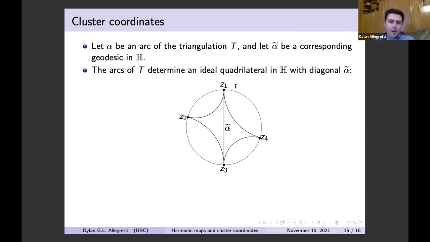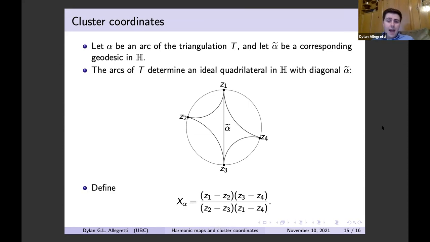And here you see that I've labeled the vertices of this ideal quadrilateral as Z1, Z2, Z3, Z4. And the thing that you always want to do whenever you have 4 distinct points in RP1 is take the cross ratio. So let's do that. You can define the cross ratio X alpha in this way. And that gives you some collection of real numbers associated to the edges of your triangulation.